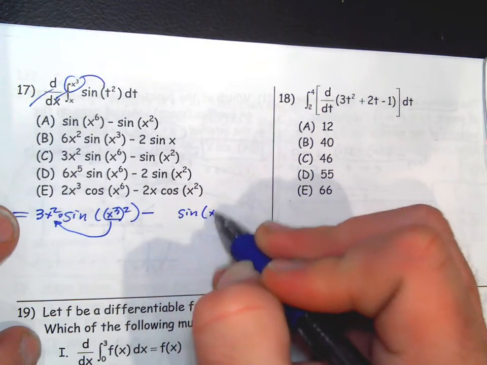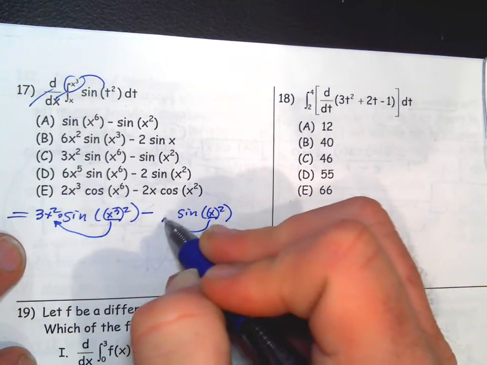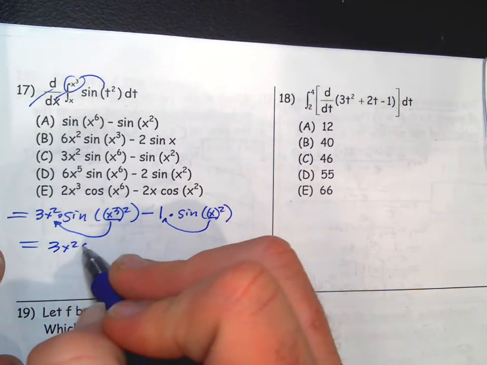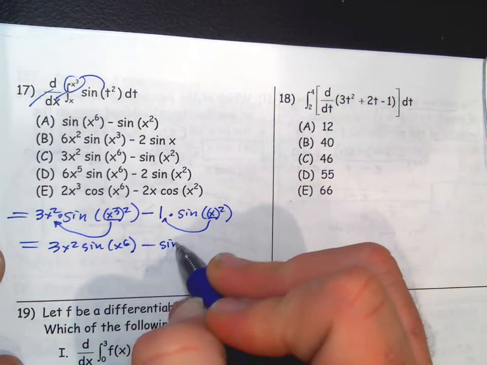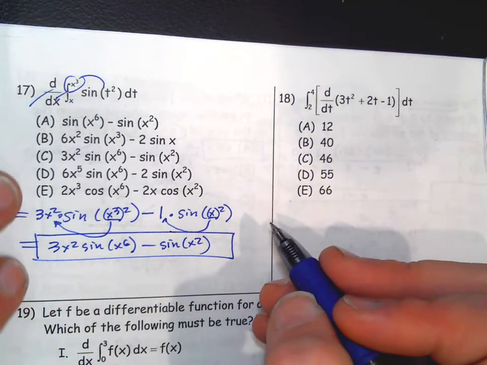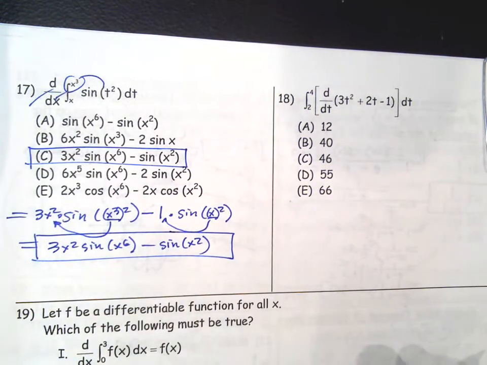Sine of x squared: it's not the derivative of x squared, it's the derivative of x, which is 1. So it's going to be 3x squared sine of x to the 6th minus sine of x squared, simplified for the final answer, 3x squared sine x to the 6th. So that looks like answer C.